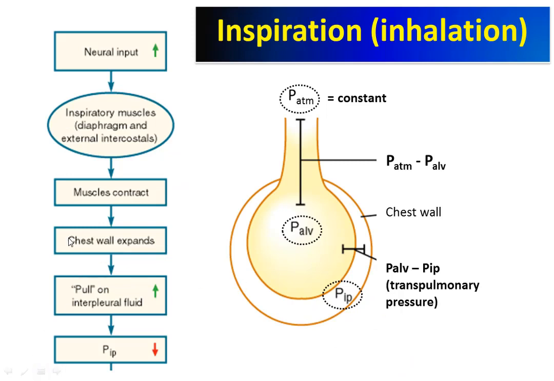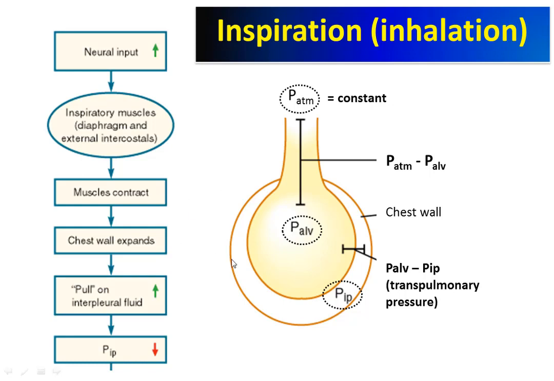Now, as the chest wall expands, because the pleura is attached to the chest wall, this pulls on the intrapleural fluid. So when the diaphragm moves down, it moves the parietal pleura along with it. And when the chest wall moves outwards and upwards, it also moves the parietal pleura. So based on Boyle's law, what happens to the volume of the pleural sac?